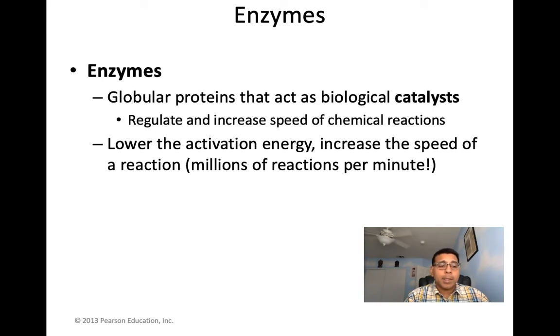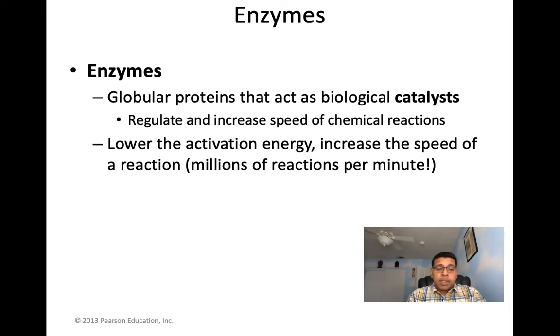Let's talk enzymes. Now, when we talk about enzymes and enzyme activity is what we're going to look at. Enzymes are proteins, as we've described. They're proteins or protein molecules that are going to act as biological catalysts, or we can refer to them as protein catalysts.